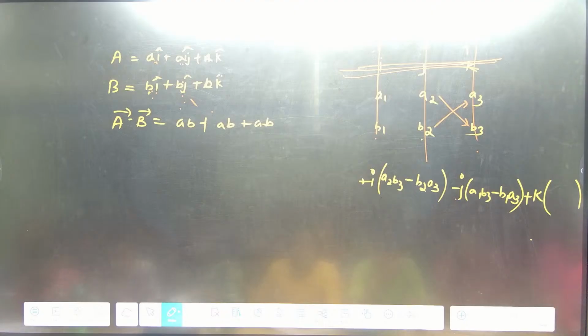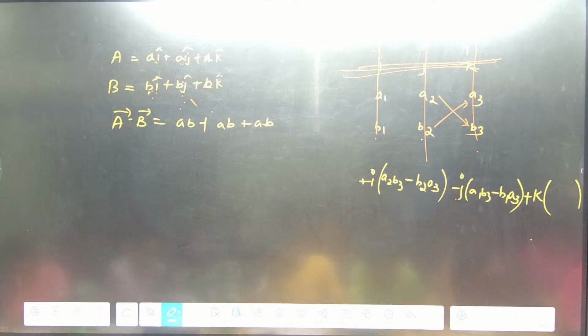3i cap plus 2j cap plus 8k cap, it's one vector.